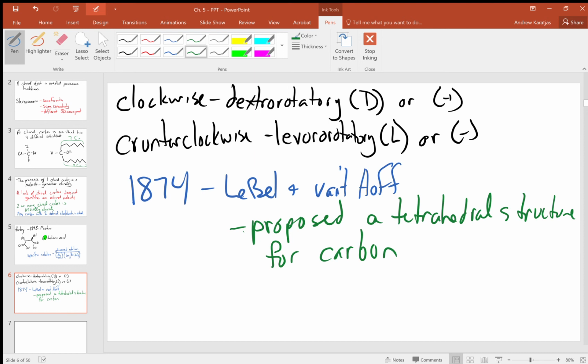But this idea of carbon being tetrahedral was not necessarily all that well accepted at the time. Hermann Kolbe, who is regarded as one of the founders of organic synthesis and is known for, among other things, the Kolbe-Schmidt reaction, published the following statement in response to this proposal of carbon being tetrahedral.